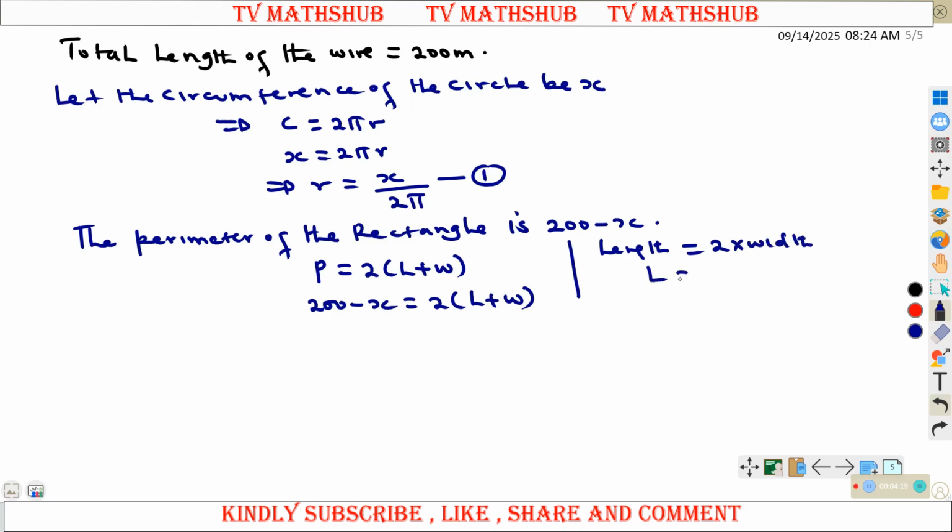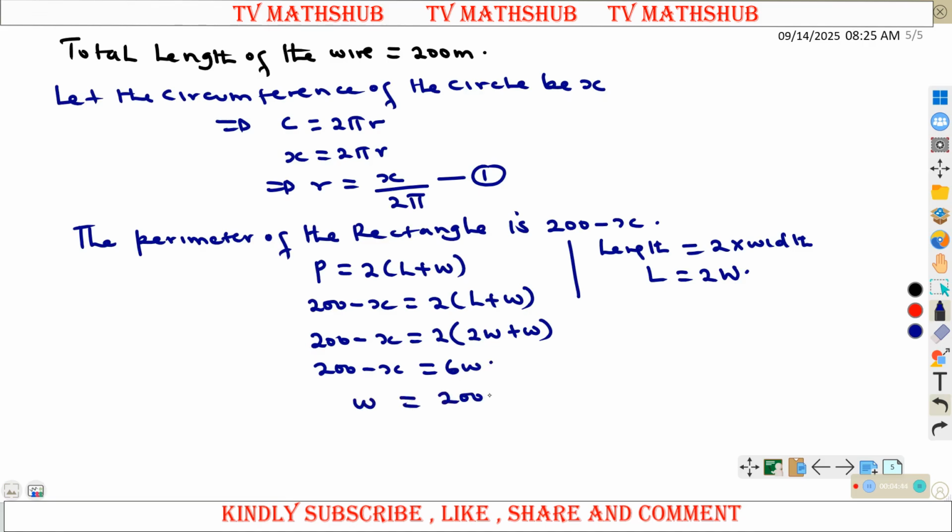It implies L is 2W. So 200 minus x equals 2 into 2W plus W. This gives 200 minus x equals 2 times 3W, which is 6W. So W is 200 minus x divided by 6.